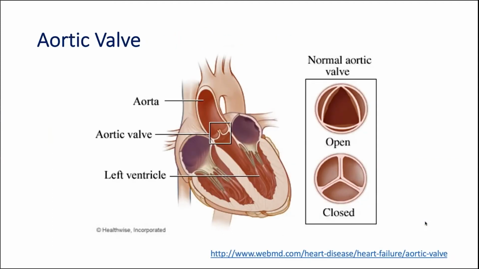Now, for those of us who work primarily with the pipes, that would be the arteries and veins, it's useful to look at the heart every now and then. And so this is what the heart looks like. And the illustration here shows the aortic valve in both open and closed conditions. The valve typically has 3 leaflets, and when open, the orifice is nearly the full diameter of the aortic outflow.